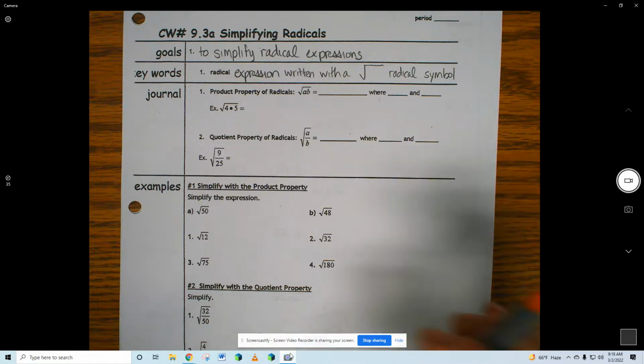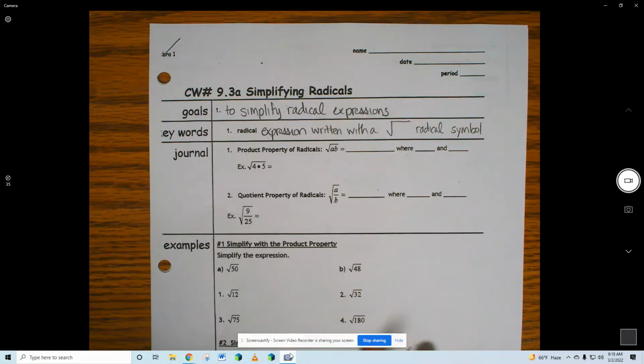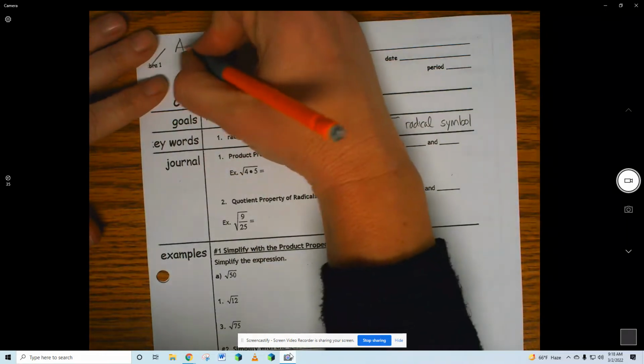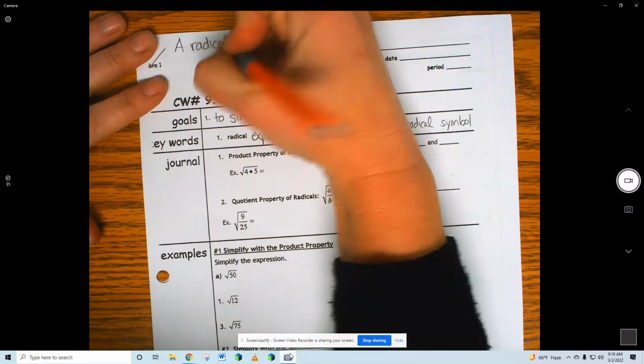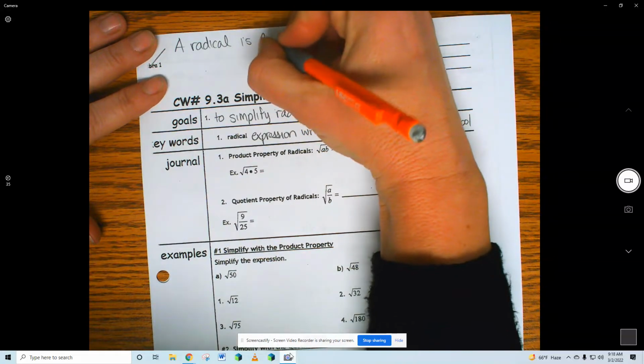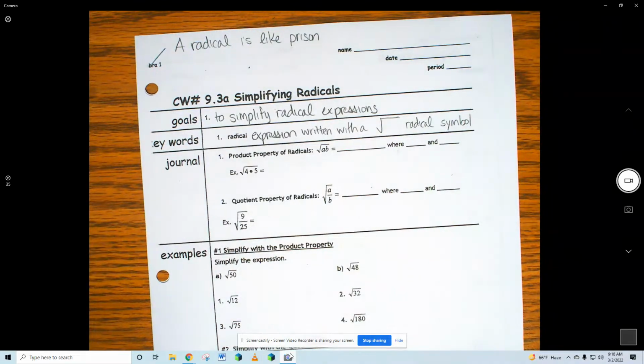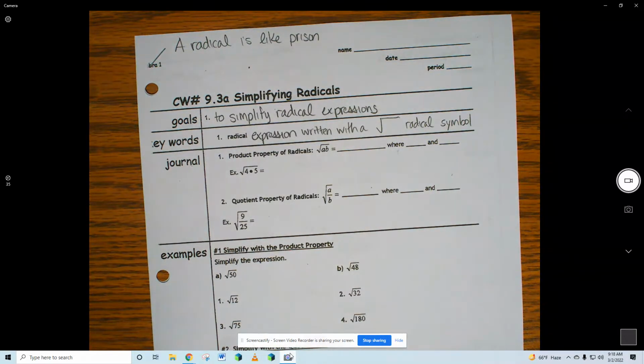So, a radical, I'm putting this at the top of your paper. Ready? A radical is like prison. Okay?